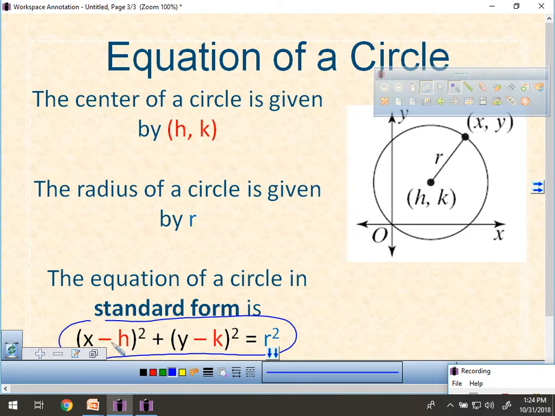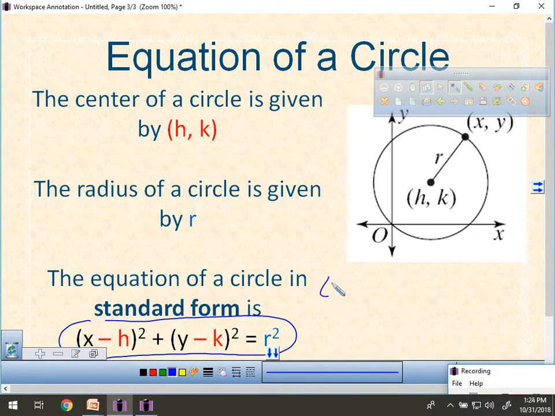So when you have an equation that looks like this, that's what we call standard form: (x − h)² + (y − k)² = r². The reason why we like standard form is because if your equation is in standard form, you can easily look at it and you can tell two things. You can automatically tell what the center is, and you can also tell what the radius is. So that's why we like standard form.